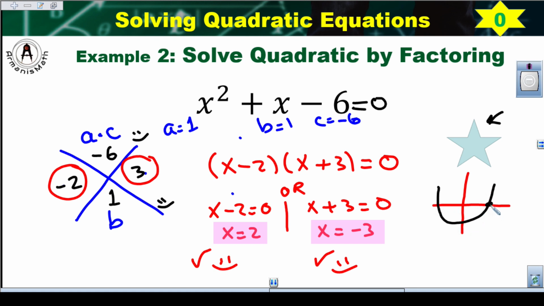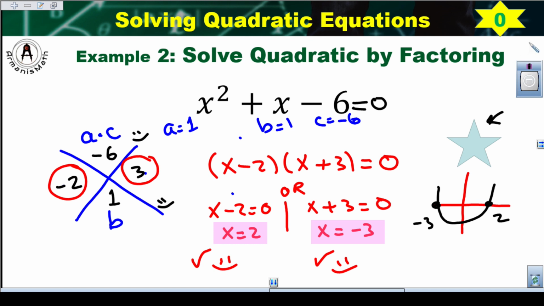It touches at 2, and it touches at negative 3. That's what you're saying. Because solutions are roots, are x-intercepts, are zeros of the function. When you solve, you're saying that you have real numbers. You're physically touching the x-axis at these two locations.